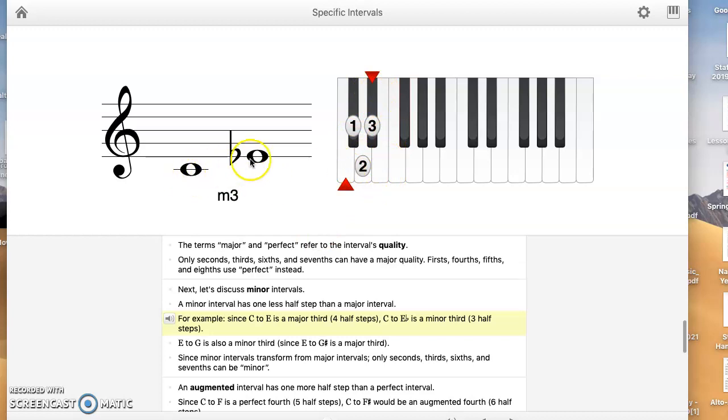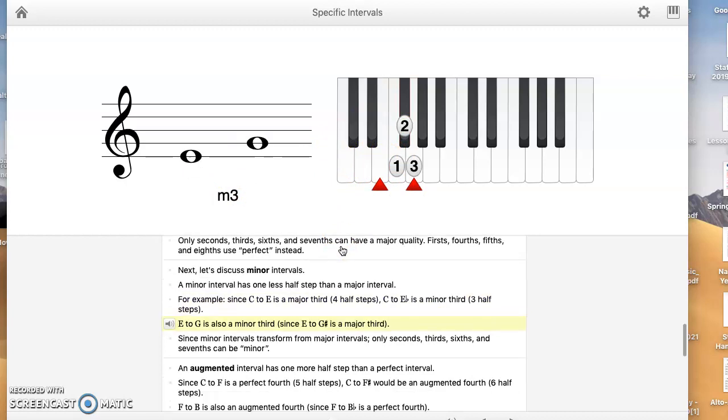It will look the same on the staff. That's a generic third. But now to decide if it's minor or major, you have to count the half steps. E to G is also a minor third since there are only 3 half steps.